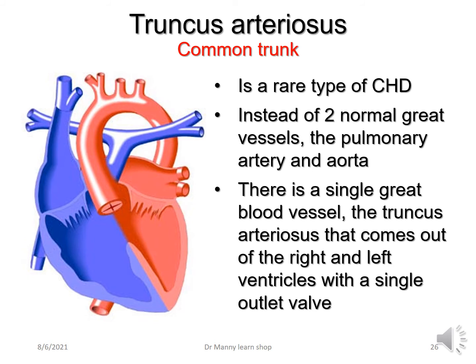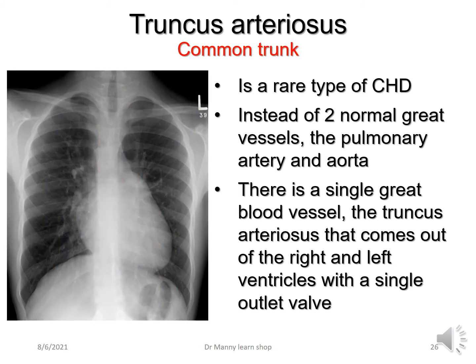And if you remember in part 1, when you looked at the embryology, the truncus is supposed to separate into the pulmonary artery and the aorta, which obviously it didn't do embryologically. This will result in a big heart and a big trunk.